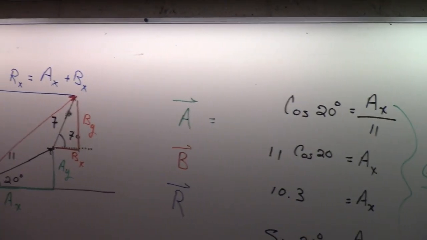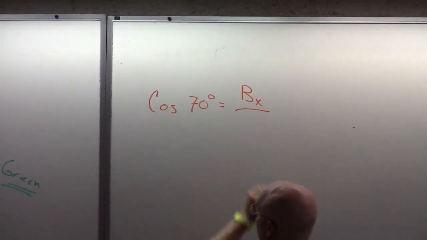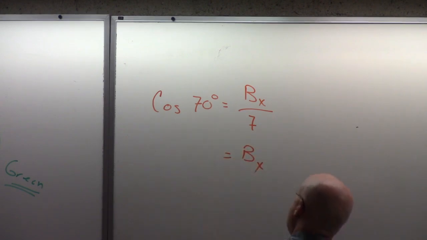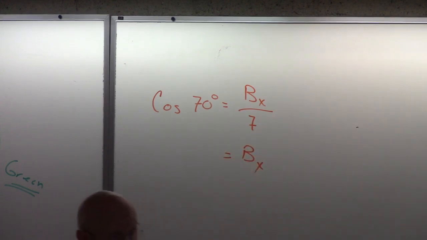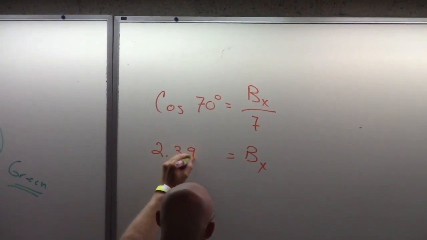So cosine of 70 degrees would be BX over the hypotenuse, which is 7. And so BX is, well, let's see, cosine 70 multiplied by 7, and I get 2.39.